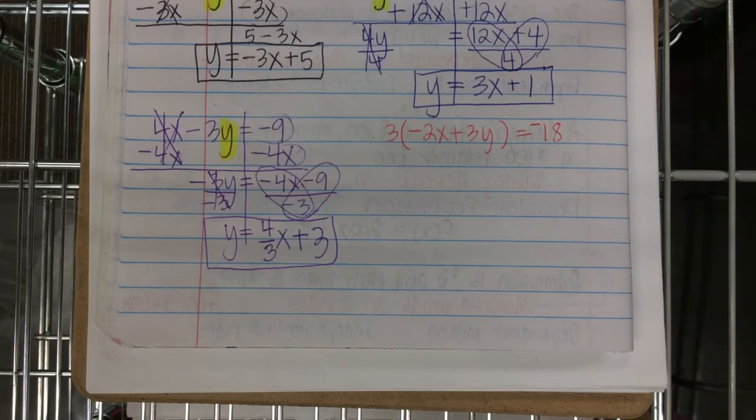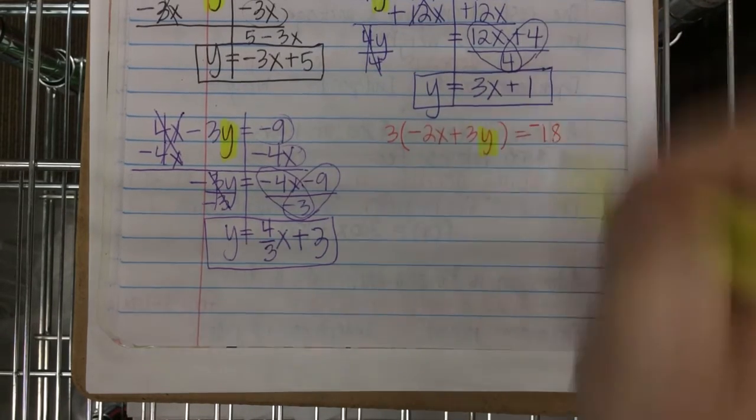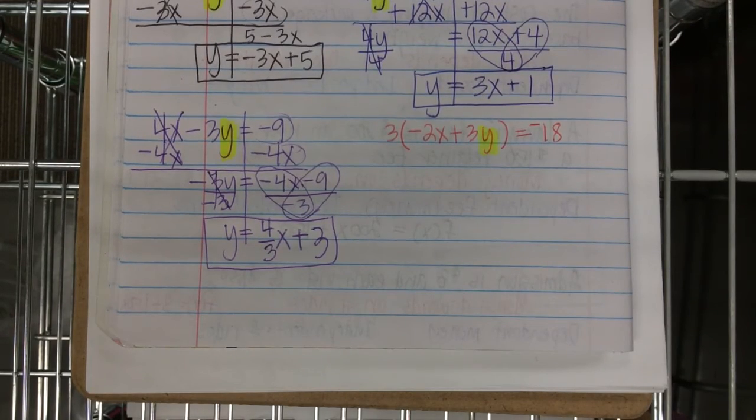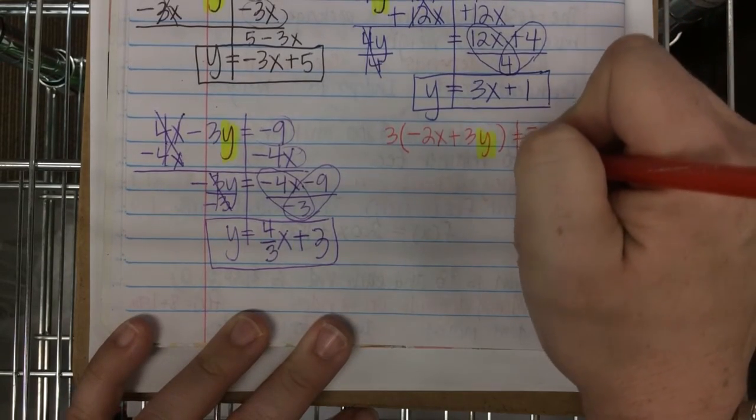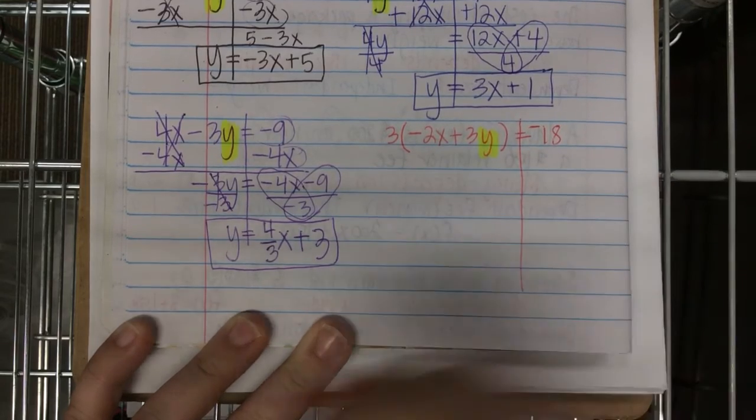All right, I want the y to be by itself, correct? Always y equals. Unless it tells you to solve for a different variable, we always isolate y. Maybe sometimes it'll say solve for r. Okay, so to begin this problem, before I can even start doing inverse operations, I need to simplify it, correct?